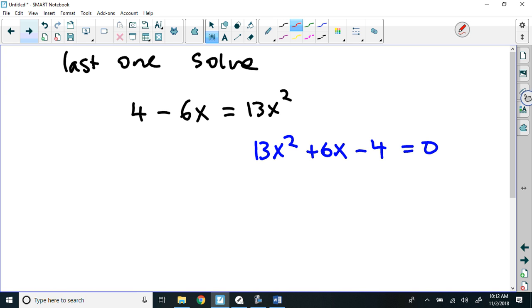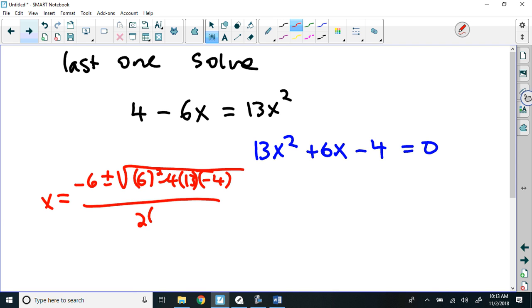So let's see. X equals negative 6 plus or minus the square root of 6 squared minus 4 times A times C divided by 2A. Wow. 52 times 4, that's going to be what, 208?